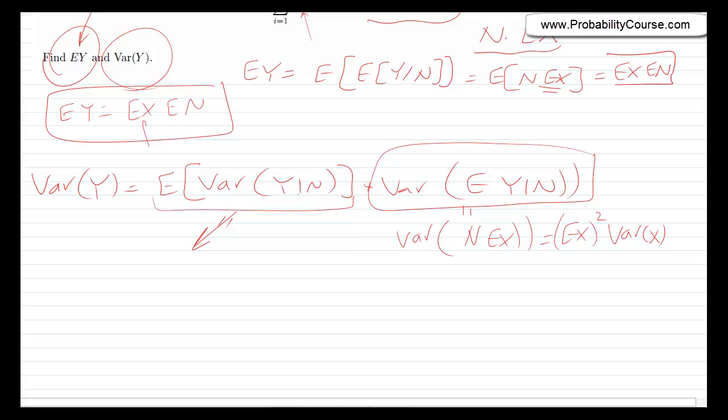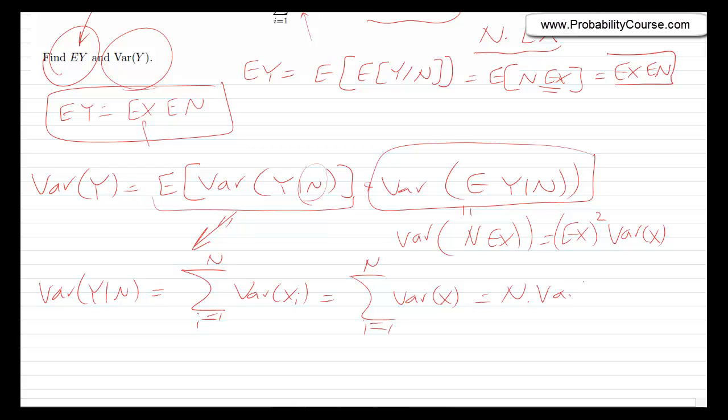So note that given N, Y again is a sum of N independent random variables which are independent of N, which means that the variance is the sum of their variances. So the variance of Y given N is simply the sum from i equals 1 to N of the variance of Xi, and again this is given in the problem. The variance of Xi is just equal to the variance of X. It's a given value.